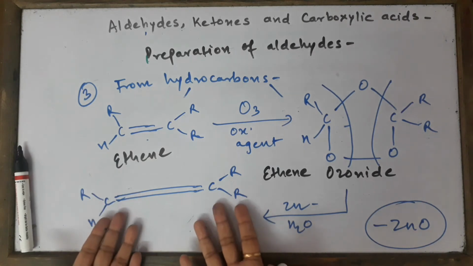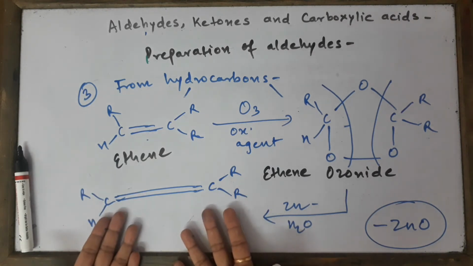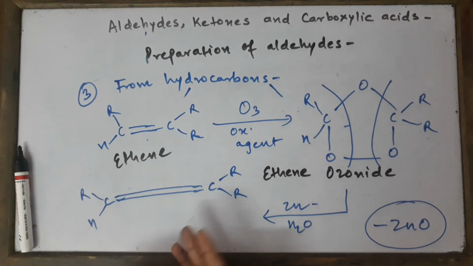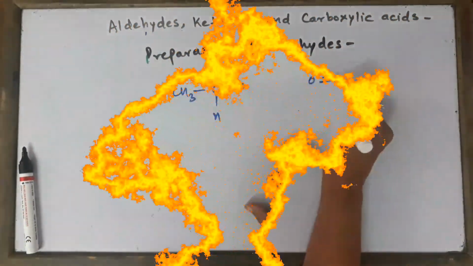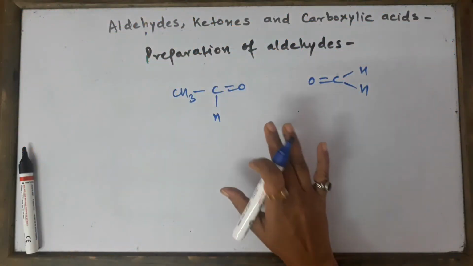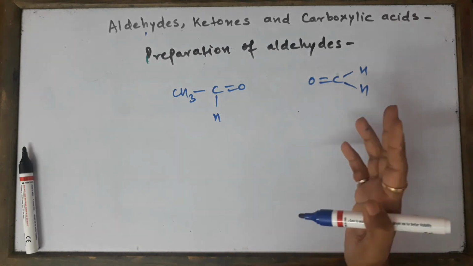So this was the alkene which on ozonolysis gave those two products. Let me give you one more question of this type: which alkene on ozonolysis gave these two products?